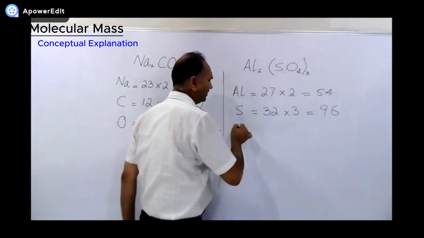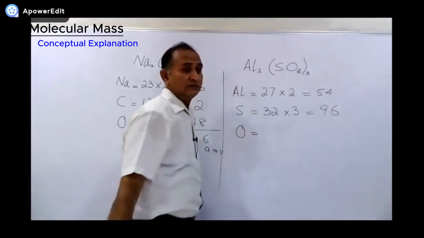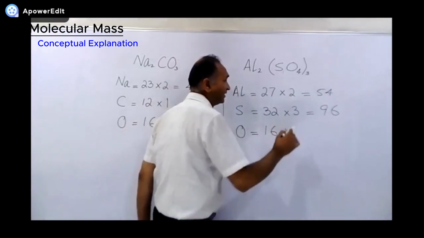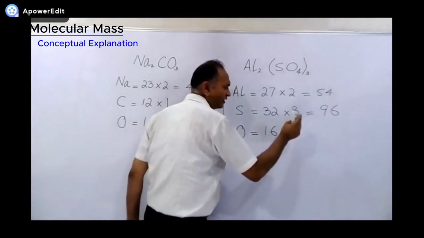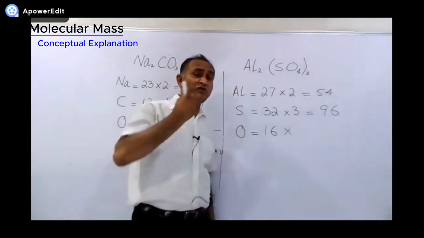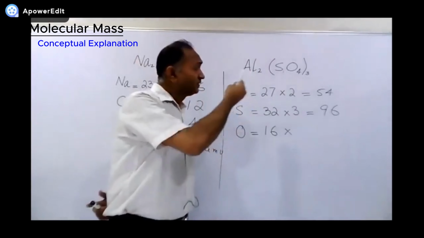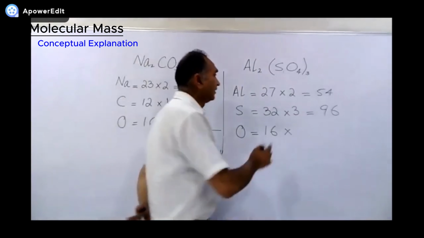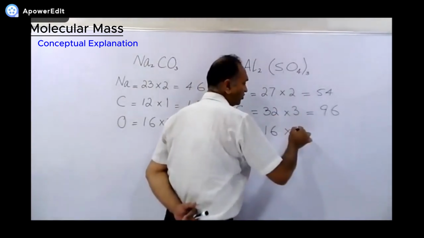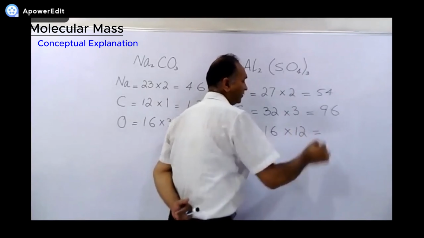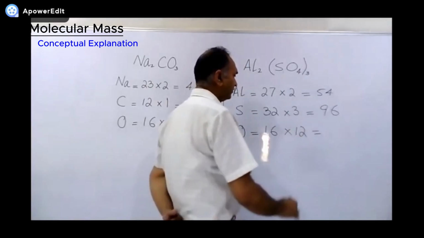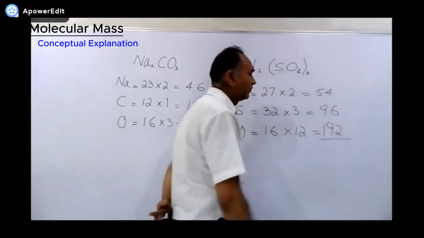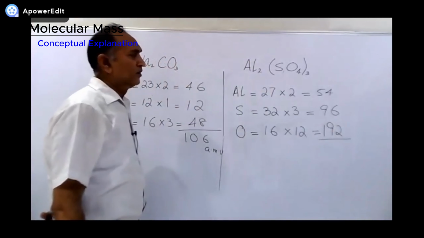Next is oxygen. The mass of oxygen is 16. Can anyone tell me what I should write over here? How many oxygens do we have? Since it is inside the bracket, 3 4s are 12. Then multiply them and you'll get the answer.